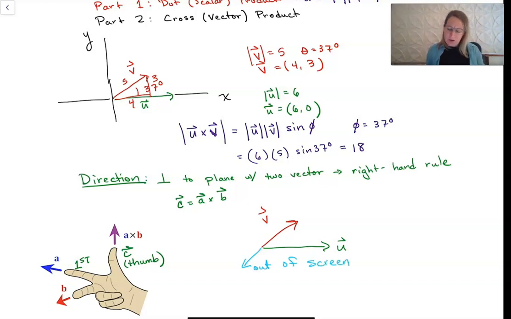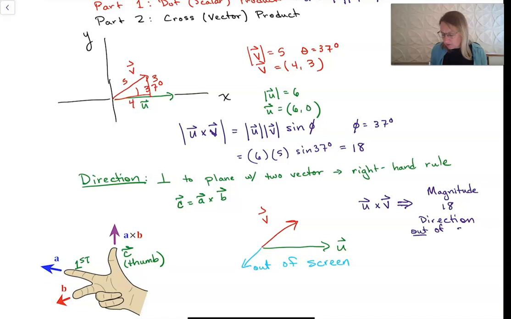So for this cross product, u cross v, the magnitude is 18, the direction is out of the screen. Or if we were doing this with axes, x, y, and z would be coming out of the page, or in the plus z direction.